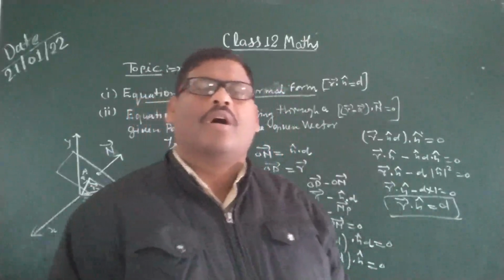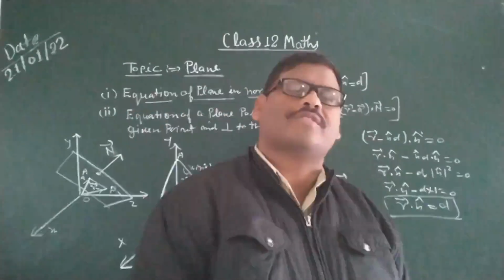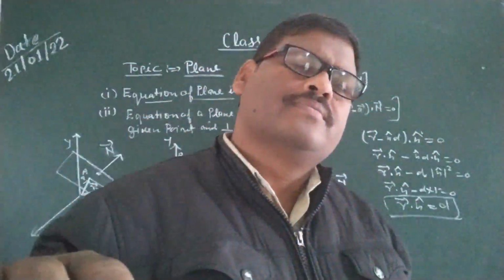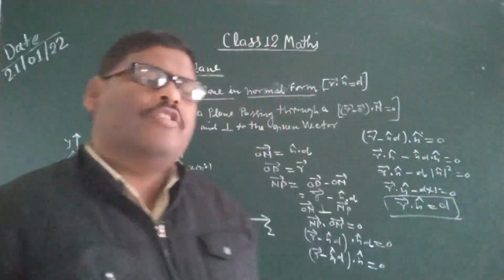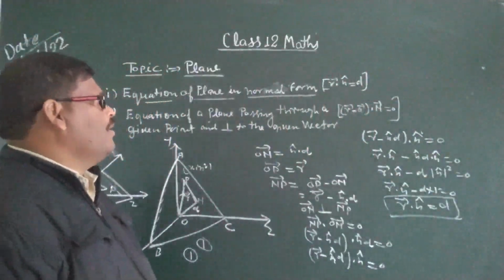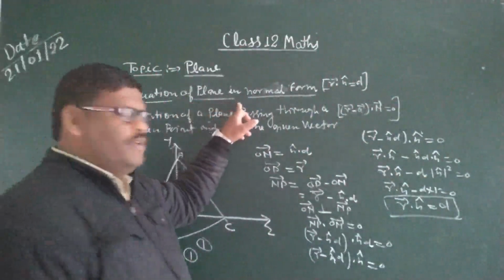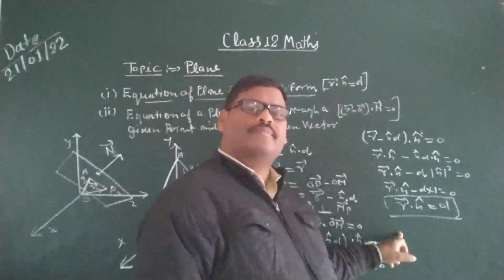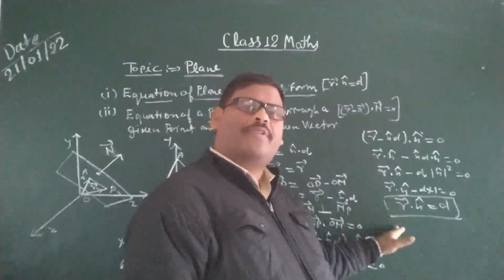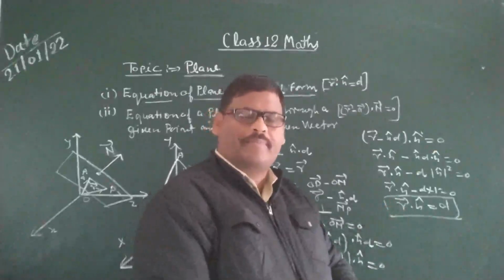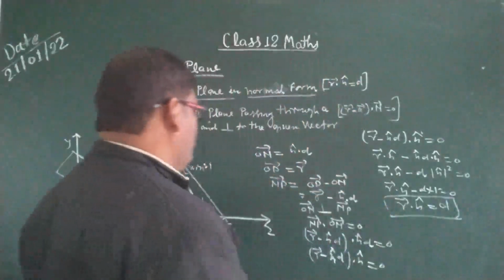But how can we find the equation of the plane in the normal form as a Cartesian form? That is, from the vector form, you can find the equation of the plane in the Cartesian form too.